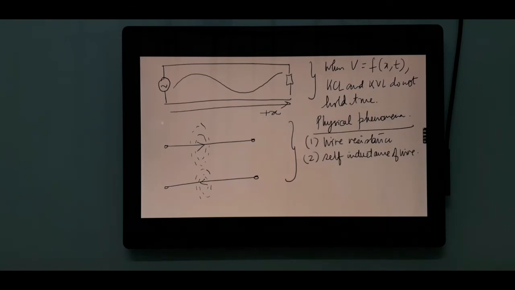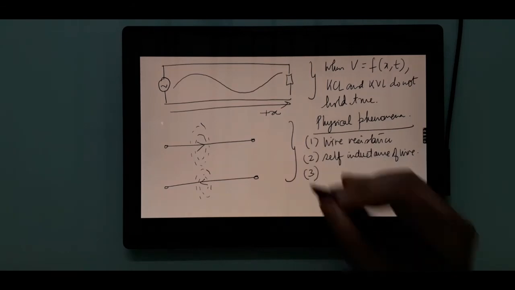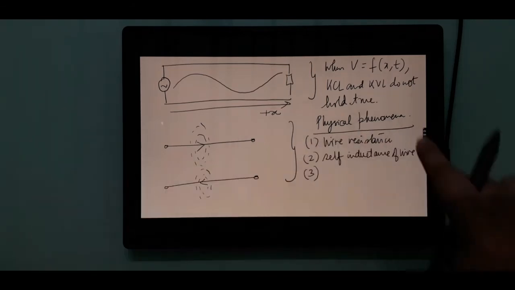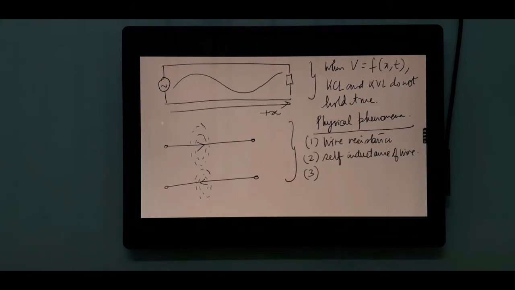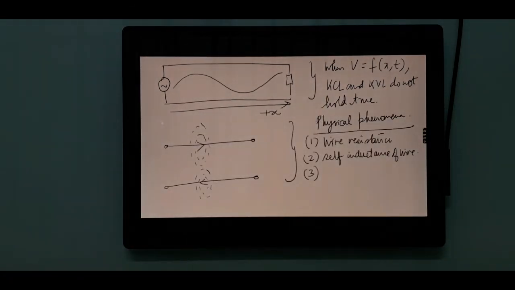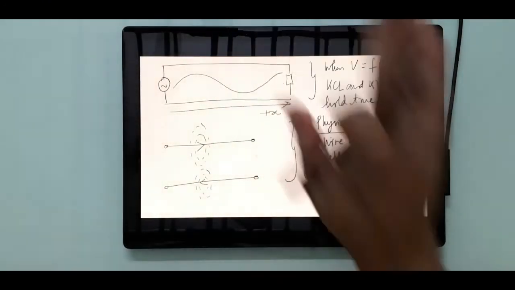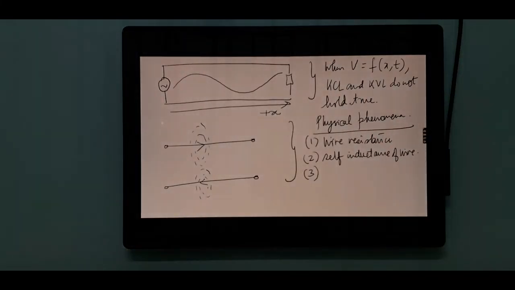The third phenomenon. You have currents flowing in opposite directions. There are charges accumulated in the wire which are moving, and you have two conductors which are placed, let us say, not very far away from each other.